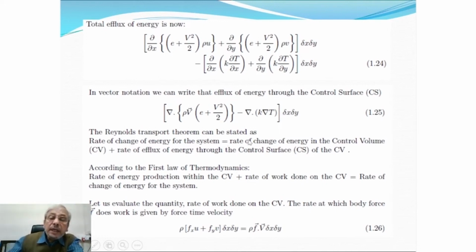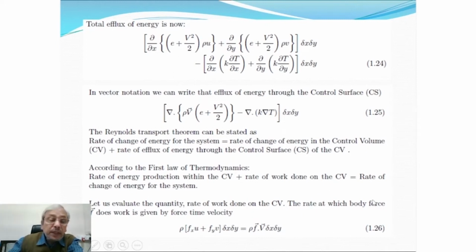So the right hand side of Reynolds transport theorem we have found out. The left hand side we are calculating through the rate of energy production within the control volume and the rate of work done on the control volume. So let us evaluate the rate of work done on the control volume first.